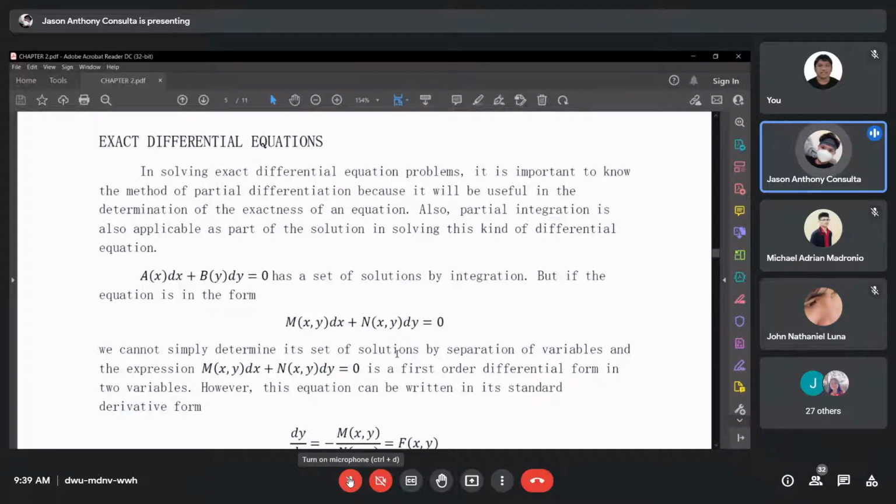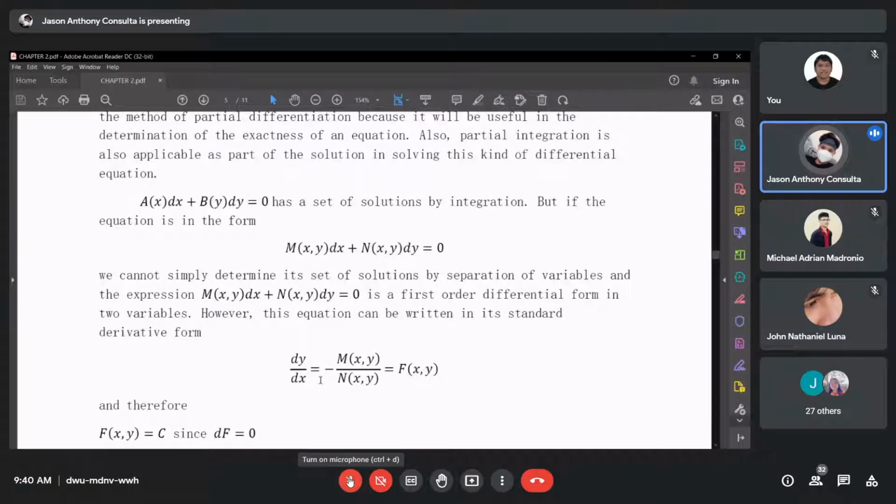So the expression M(x,y) dx plus N(x,y) dy equal to 0 is a first order differential form in two variables. However, this equation can be written in standard derivative form, which is dy over dx is equal to M(x,y) over N(x,y), which is equal to f of x and y, function of x, y siya.